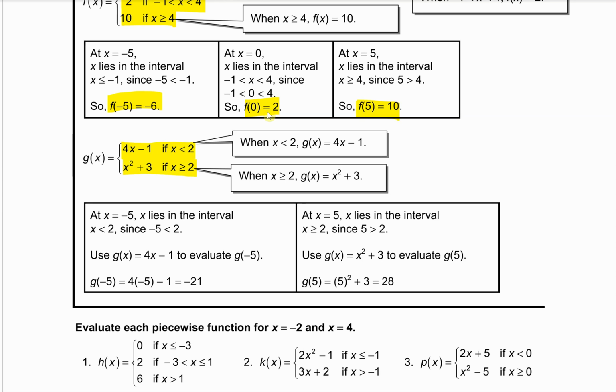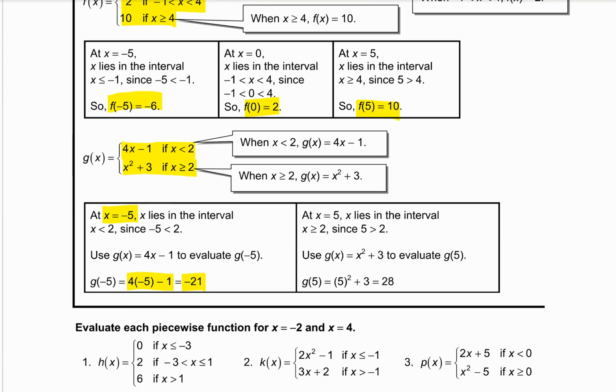If you're given a number, like this guy here, negative 5, I'm going to see which one of these intervals it goes into. Negative 5 is less than 2, so I'm going to evaluate using the linear part, 4x minus 1. So 4 times negative 5 minus 1, that's negative 21. So the function g of negative 5 will be negative 21.